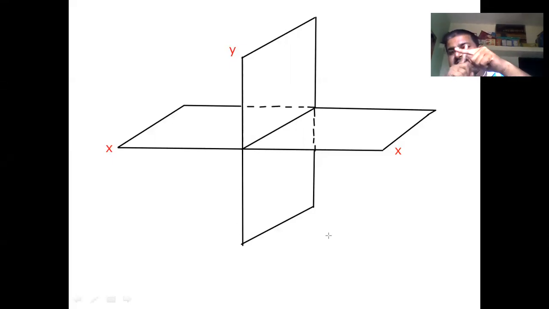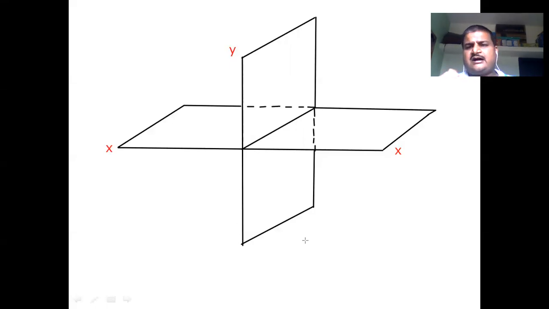When the x and y planes cut each other, they are in this situation, but we present it only in 2 dimensions. Here we have presented a 3-dimensional view, and we have presented the x and y planes over here. Now I want to teach you some terminology.